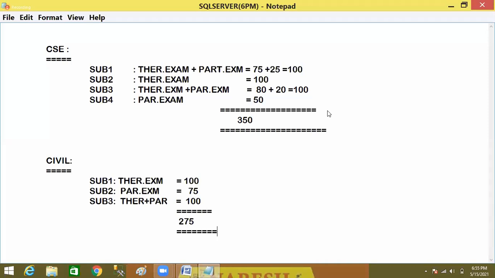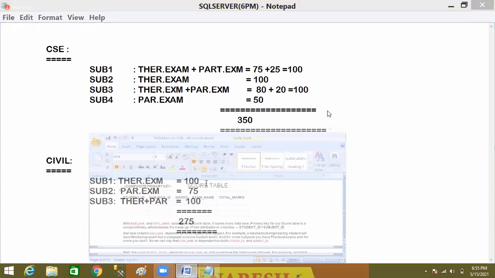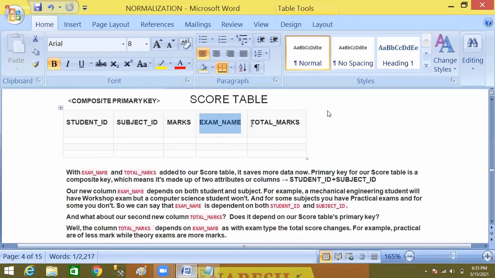That's why one branch's semester examination total marks will be 400, another branch's will be 350, somebody has 470, and so on. Because their total marks are decided examination-wise, the semester-wise total marks change. So the total marks depend on the examination. That is the point I was making here.